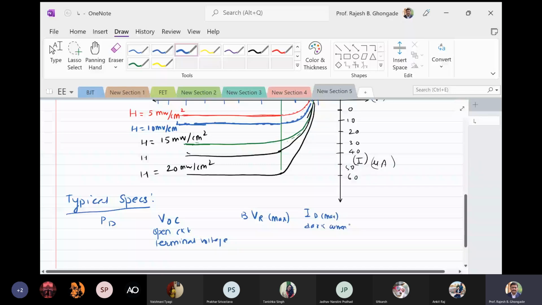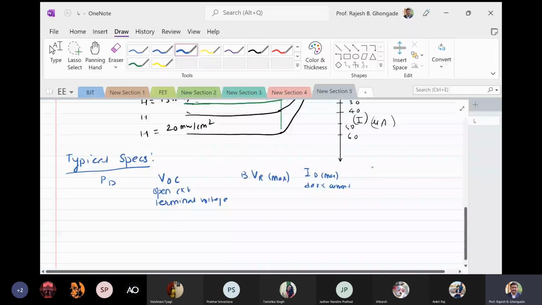Then you have IL, where VR is specified as 2 volt. This is a typical diode with illumination as 5 milliwatt per centimeter square.